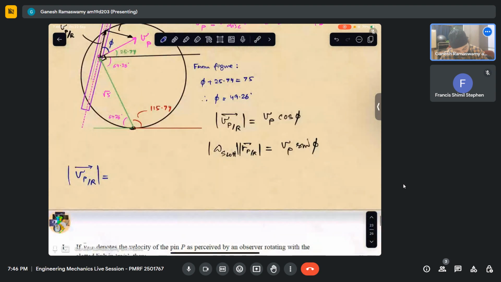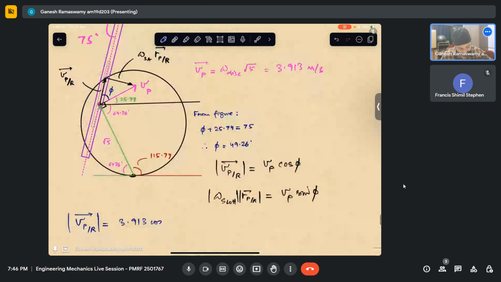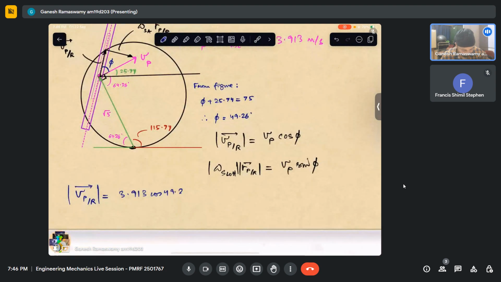What is Vp? 3.913 cos of phi, which is 49.26. Therefore, the velocity of P with respect to R magnitude is 2.55 meters per second.